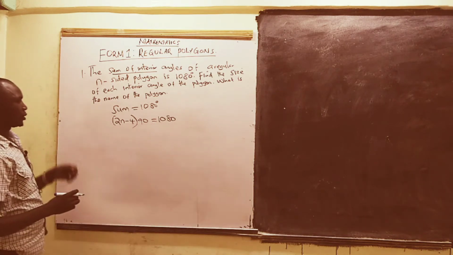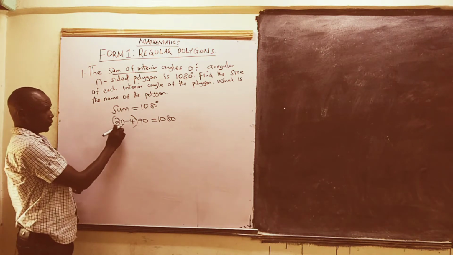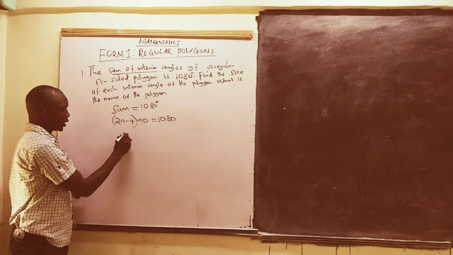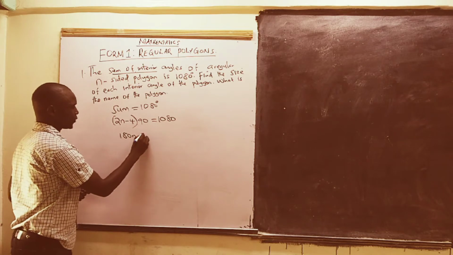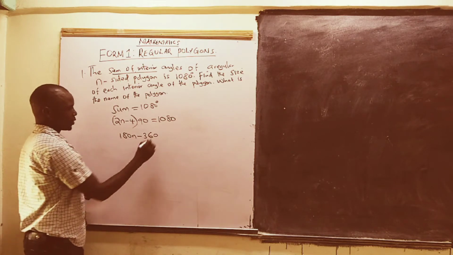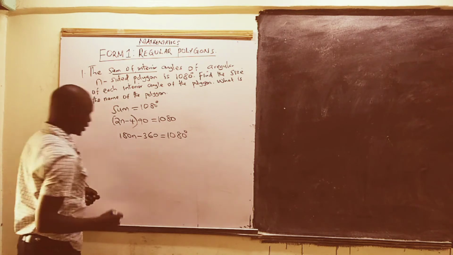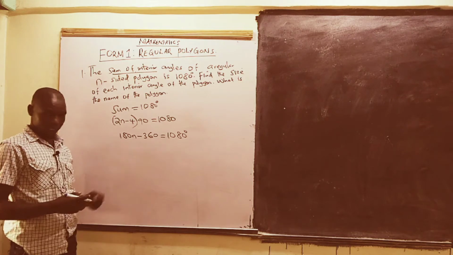From there, if we open up the brackets, we have 2n times 90, we are going to have 180n. Then negative 4 times 90, we are going to have 360, and this one is going to be equal to 1080 degrees.